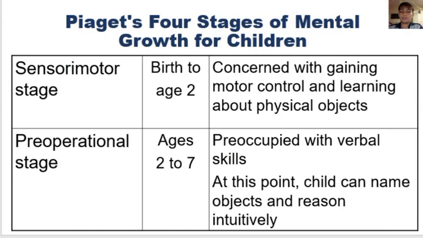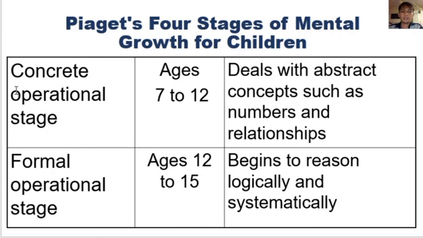Here is another summary of Piaget's four stages of cognitive development. In the sensorimotor stage, children are concerned with gaining motor control and learning about physical objects. At the pre-operational stage, they are preoccupied with verbal skills, and at this point, the child can name objects and reason intuitively. This is the start where they can now use their cognitive thinking. At the third stage, we have the concrete operational stage that deals with concepts such as numbers and relationships.